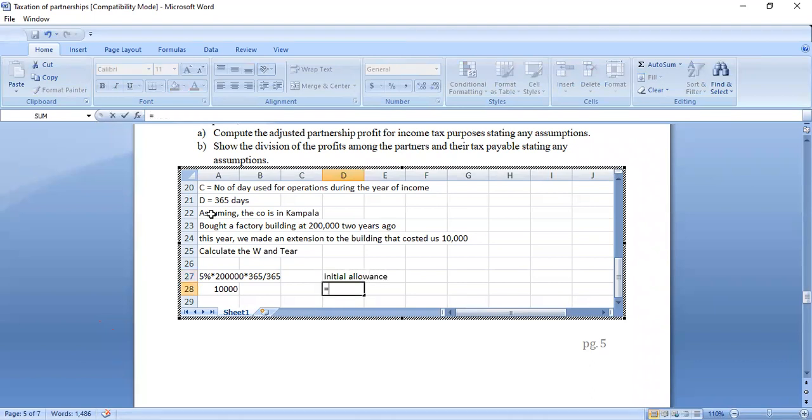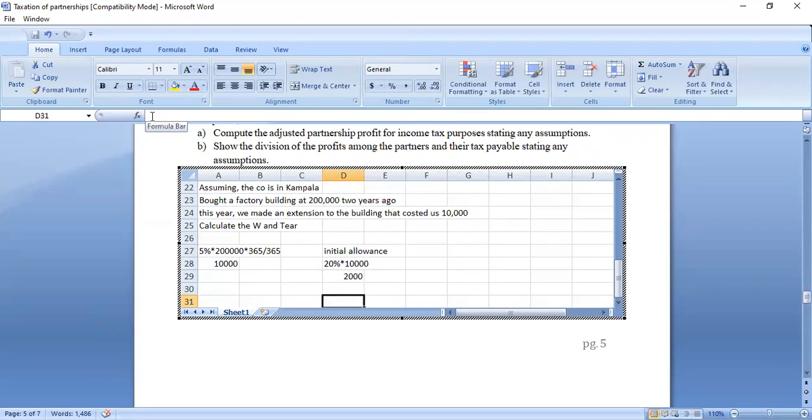It will be 20% because it's in Kampala, times the 10,000. So this will be your initial allowance, and therefore, in your schedule, you go under allowable deductions and remove this 10,000. Then you also come on initial allowance and remove the 2,000 under allowables. That will be how you determine the chargeable income later.